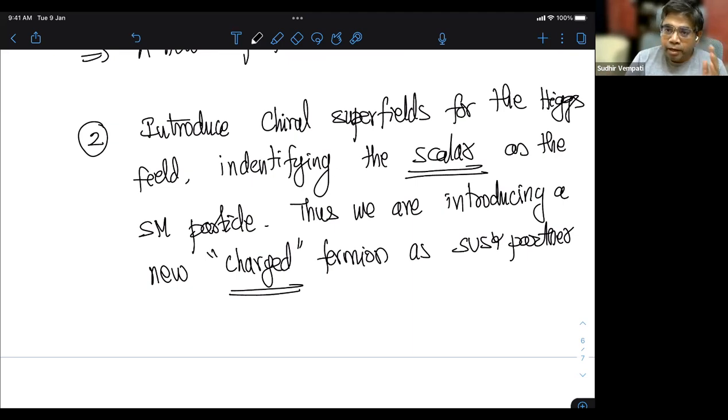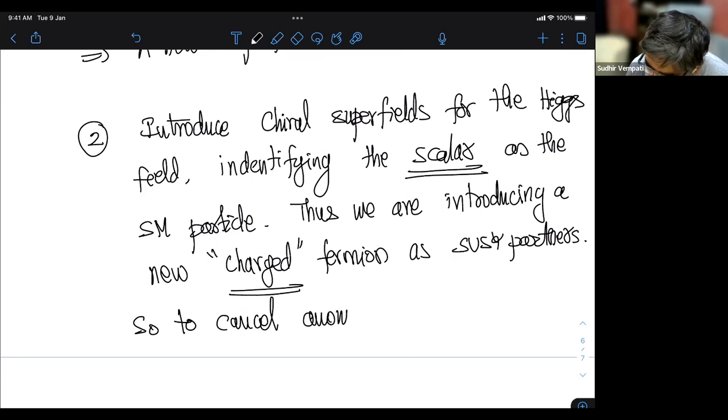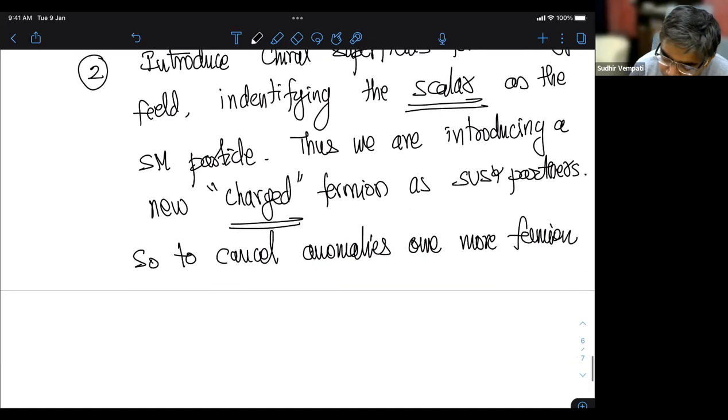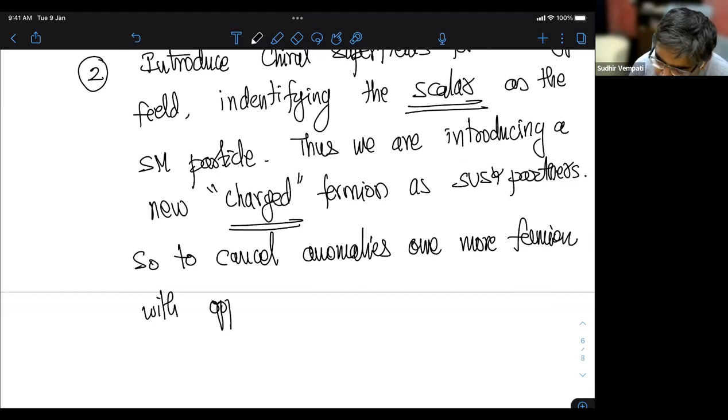So that is the reason why we need to introduce two chiral superfields: because we are identifying the scalar as a standard model particle, we are introducing new fermions as SUSY partners. To cancel anomalies, one more fermion with opposite hypercharge is required.